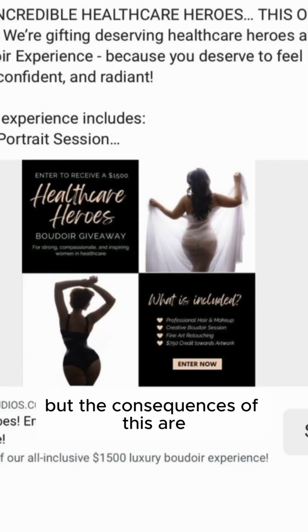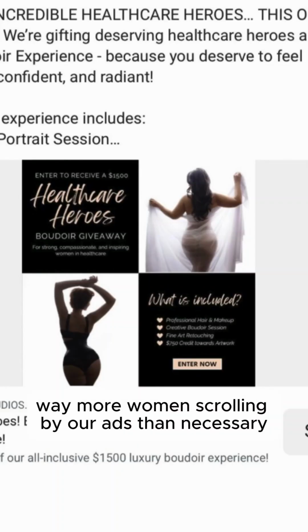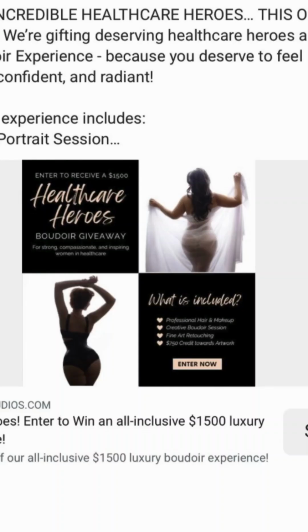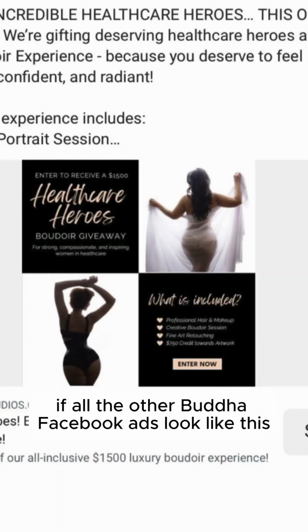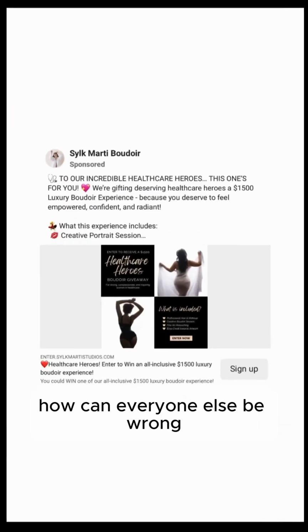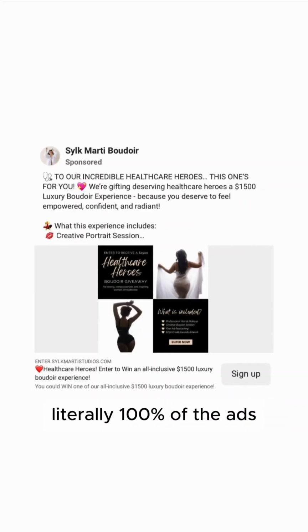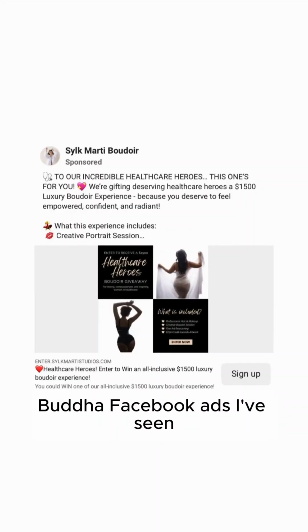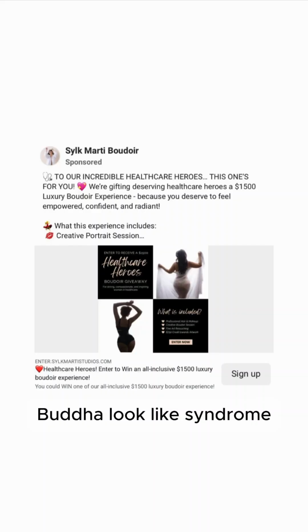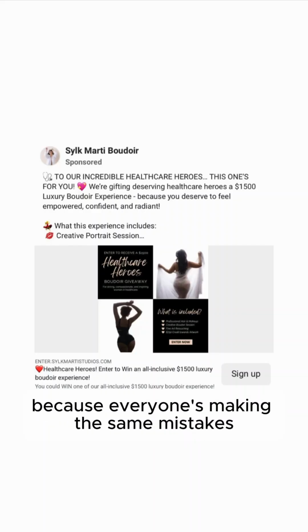But the consequence is way more women scrolling by our ads than necessary. And a common question is, well, if all the other Boudoir Facebook ads look like this, how can everyone else be wrong? It's because everyone else that I've seen has BLCS. Literally 100% of the Boudoir Facebook ads I've seen the back ends for have had BLCS, Boudoir low click syndrome, because everyone's making the same mistakes.